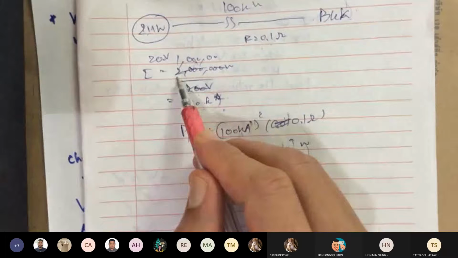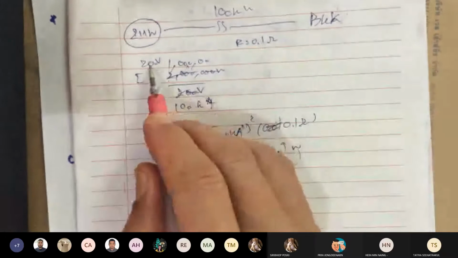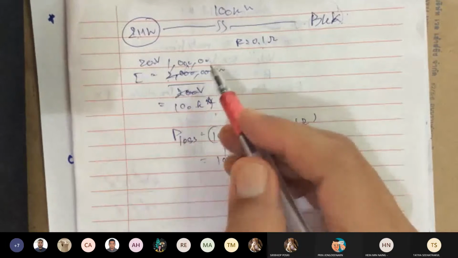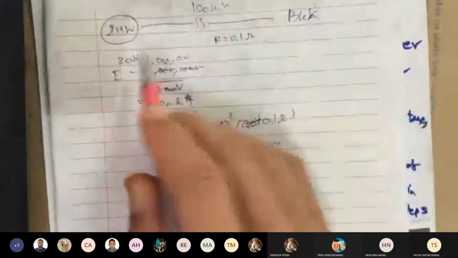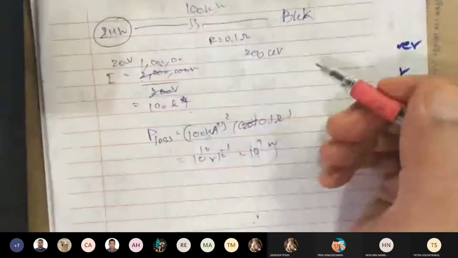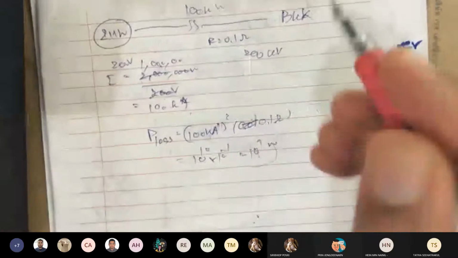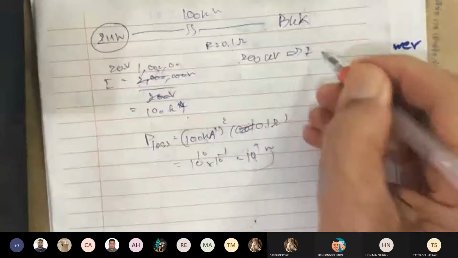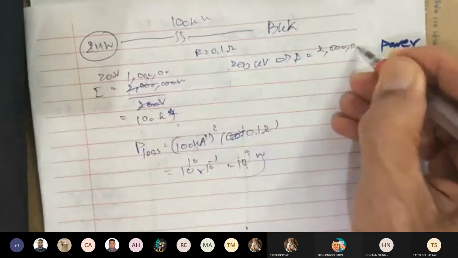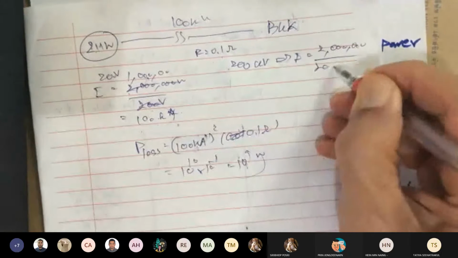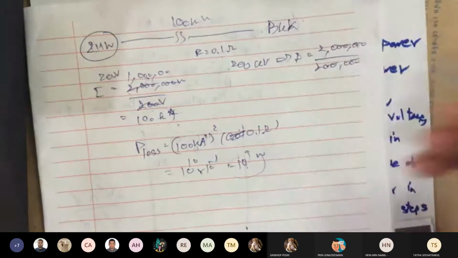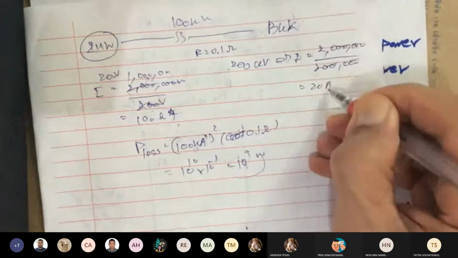So instead of doing that, I do the other way around. I increase the voltage. I will maintain the current at a very small value. Let's say I increase it to 200 kilovolt. If I do that, this is going to give me a current value of, same thing, 2 megawatt divided by 200K, 10 amp.